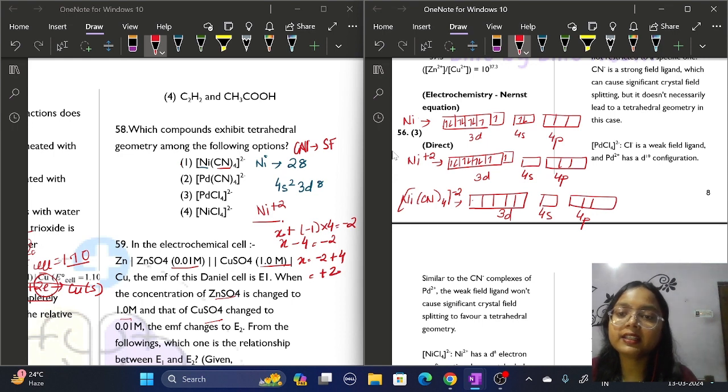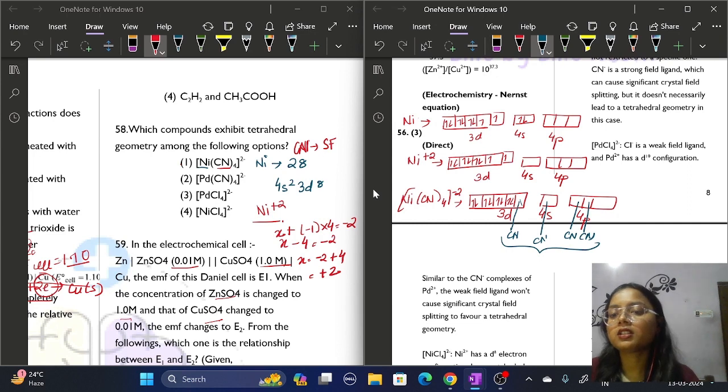In a strong field ligand, the electrons pair up. There are 8 electrons, so 1, 2, 3, 4, 5, 6, 7, 8. Now the CN ligands have to fill up here: one CN, second CN, third CN, and fourth CN. There are 4 CN molecules.